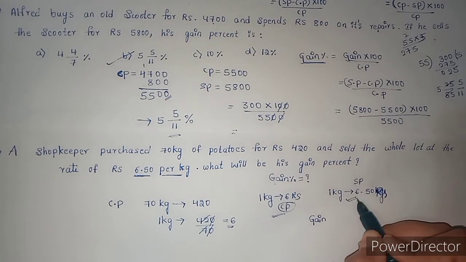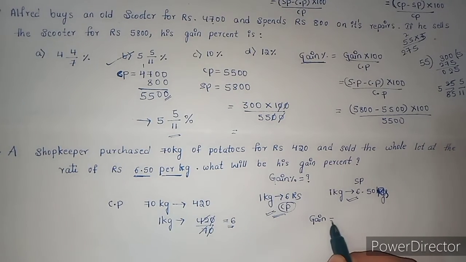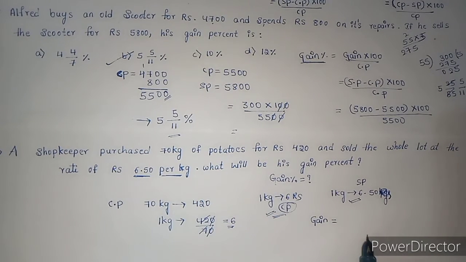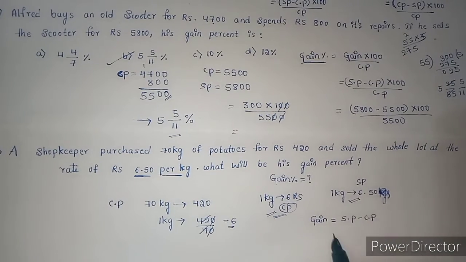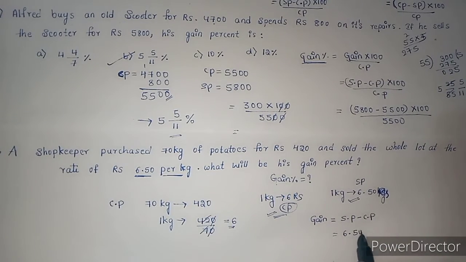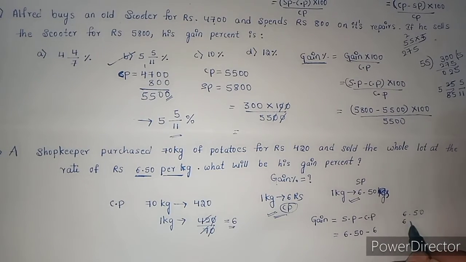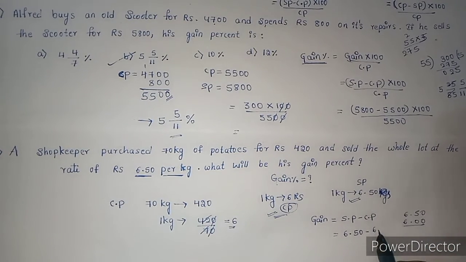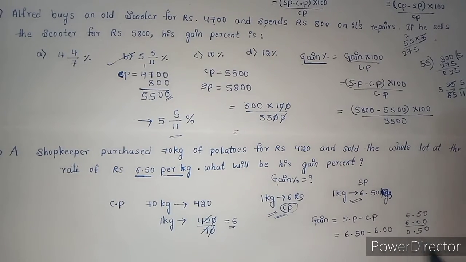Here the selling price is greater than the cost price, right? So there is a gain, a profit. Profit is selling price minus cost price. Selling price 6.50, cost price 6.00. 6.50 minus 6.00 is 0.50 rupees.